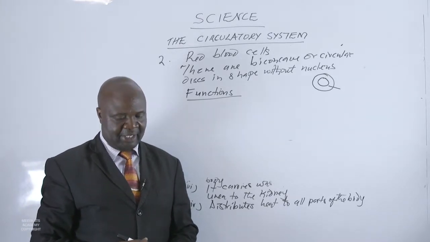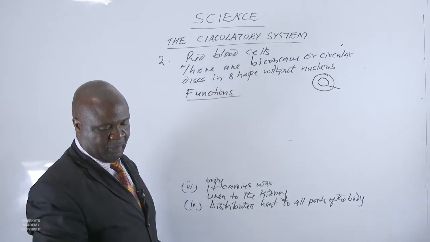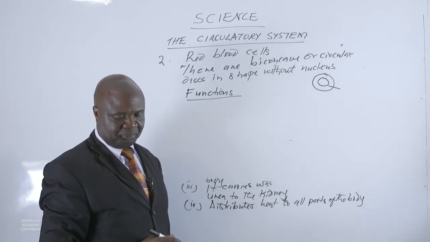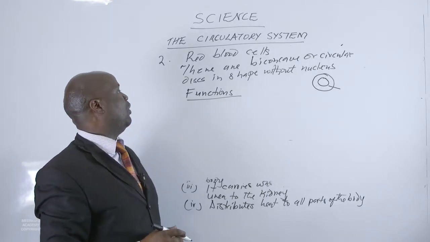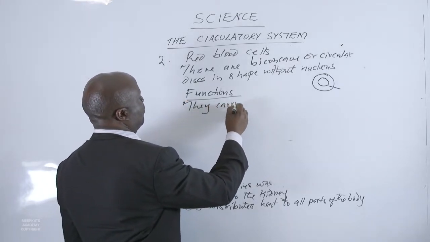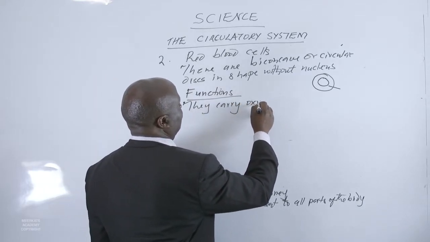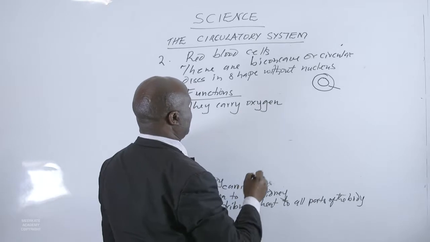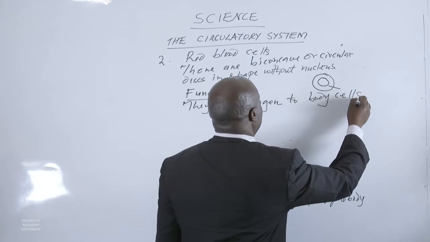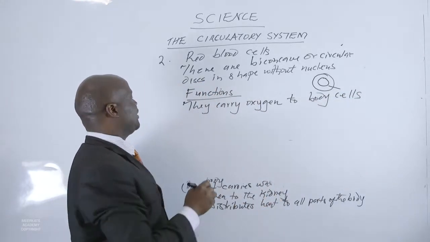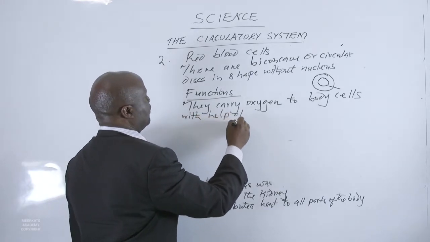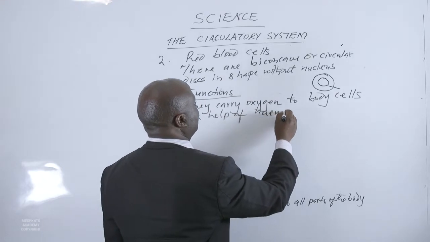First, they carry oxygen from the lungs to all body cells with the help of a pigment called hemoglobin.